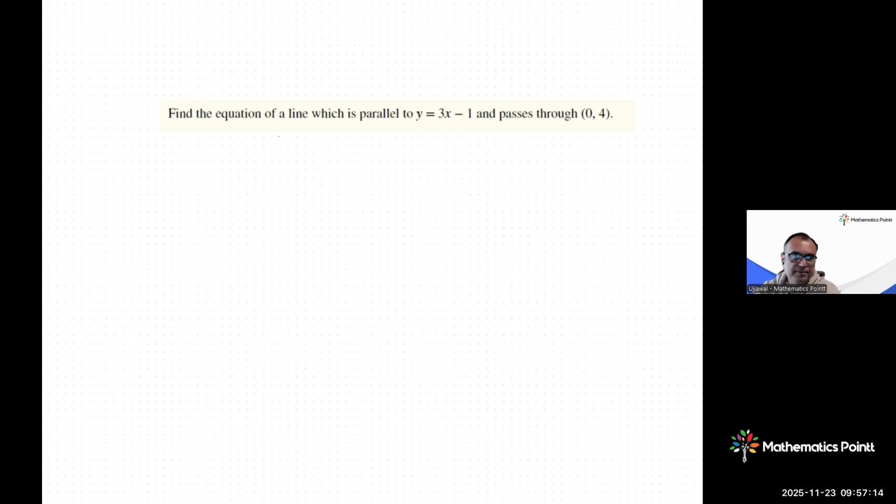Last question of the day. Hear me out very loud and clear without chatting. All right? I need to find the equation of a line which is parallel to a given line. So what they're asking me to do is that there's a Cartesian plane. Visualize this first. There's a Cartesian plane, and let's say you've got a line like this. This line is y equals to 3x minus 1.